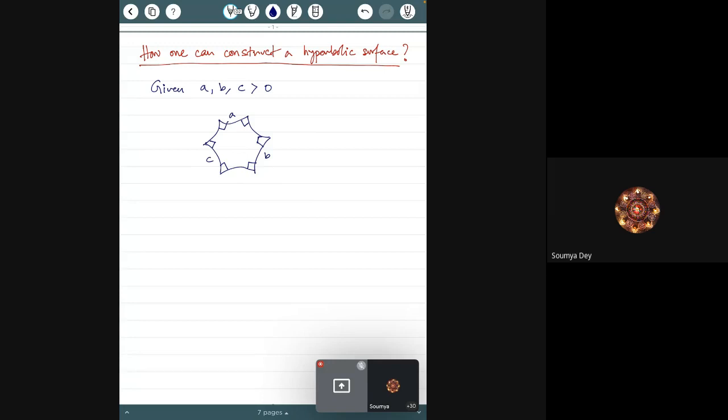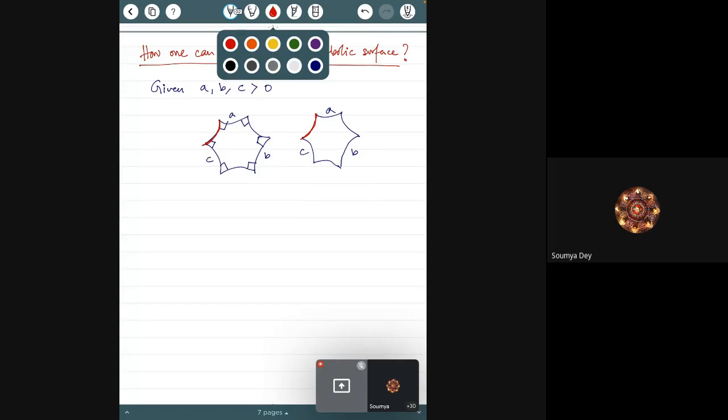Okay, so what exactly will happen? So suppose you have another exactly same isometric copy of the same hexagon, and you have these C, B, and A. What we are doing is, you consider this side as red, okay?